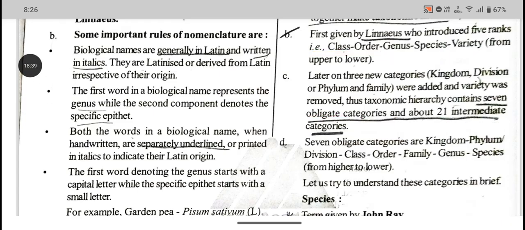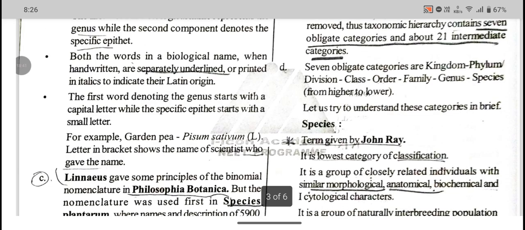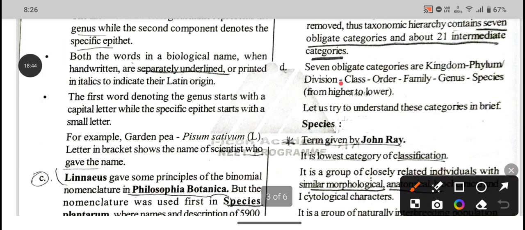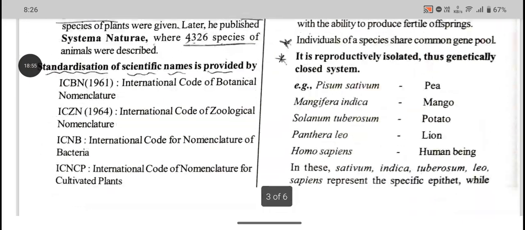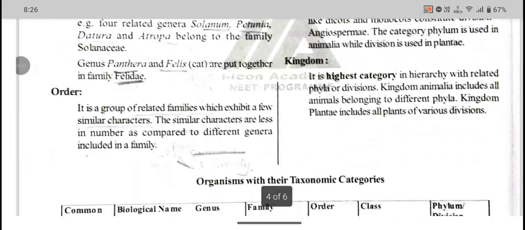The 7 obligate categories are kingdom, division, class, order, family, genus, species, from higher to lower.